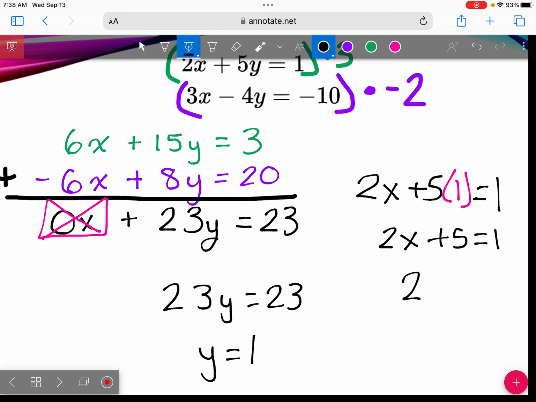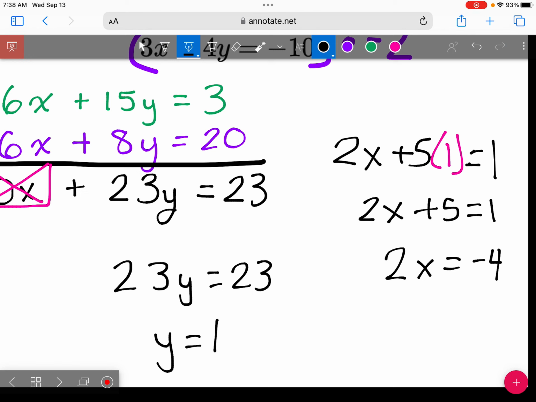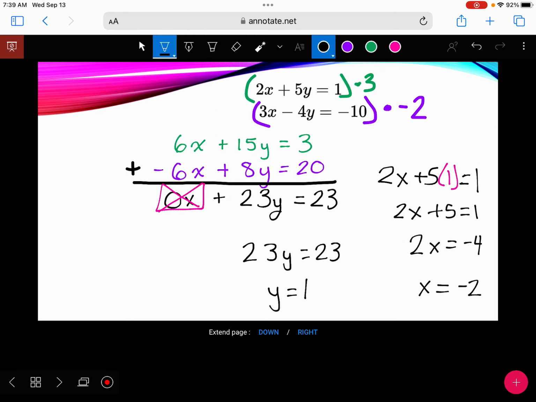Subtract 5. 2x equals negative 4. How do we get x by itself? Divide by 2. And we get that x is what? Negative 2. Have confidence, you're right. So our solution is negative 2, comma 1.